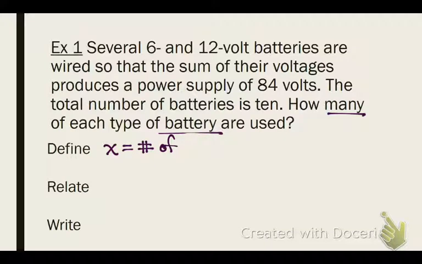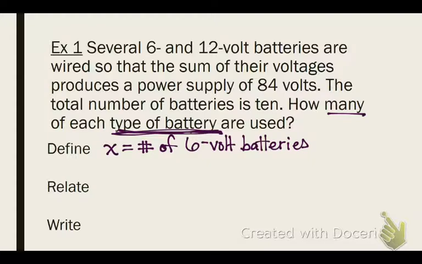So I'm going to let X equal the number of 6 volt. I'm just going to pick 6 volt. We could have easily picked 12 volt. But I'm going to make X just be one of the types. So maybe I could have kept that type of battery underlined there.